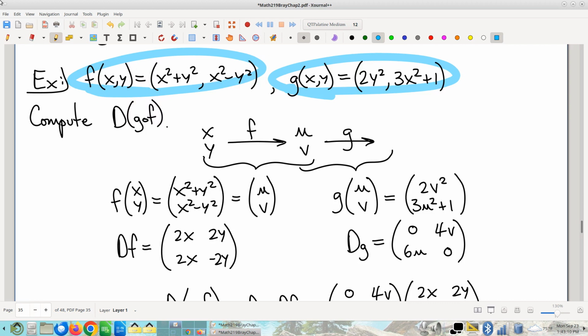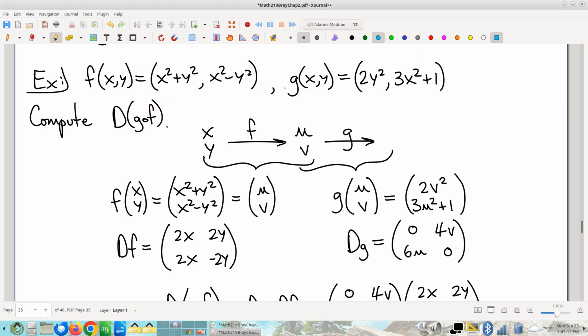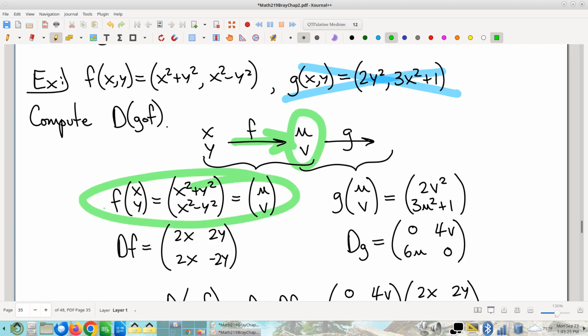So even more valuable then to be careful and rewrite the second function in terms of a dummy variable that makes sense. So again, if what comes out of f, if you decide to call those u and v, well, then that has to be what you write g in terms of.